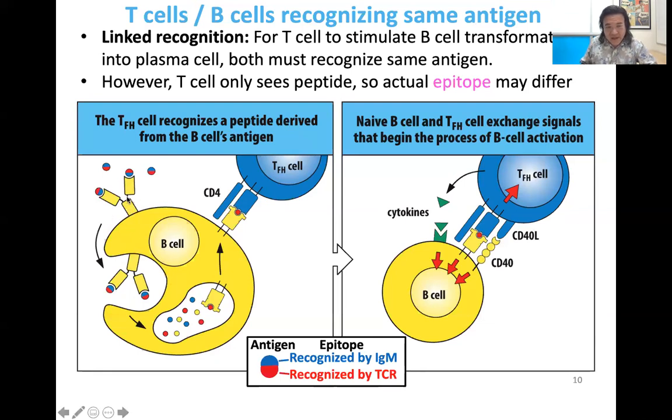And so that B cell, when it brings in that antigen and processes it, the peptide part is what gets loaded onto MHC2. Forget about the carbohydrate, the blue part that the immunoglobulin on its surface recognized. After processing this whole antigen, the red dot, which is the peptide part, is what gets loaded up on MHC. And that's how the B cell can interact with a partner T cell.